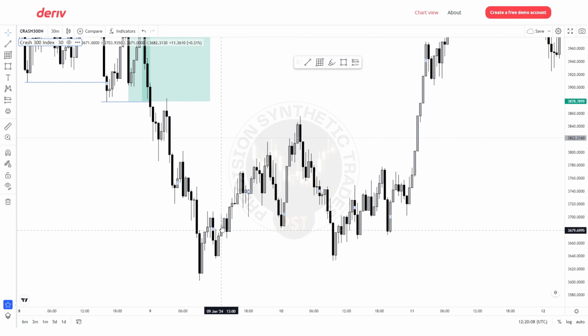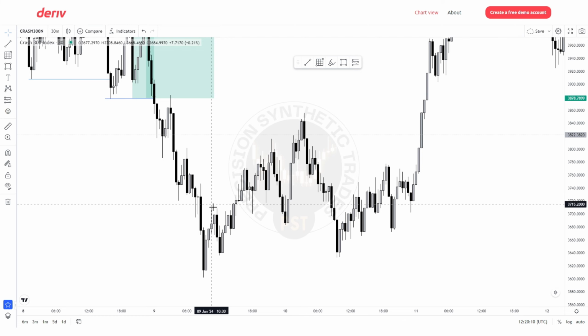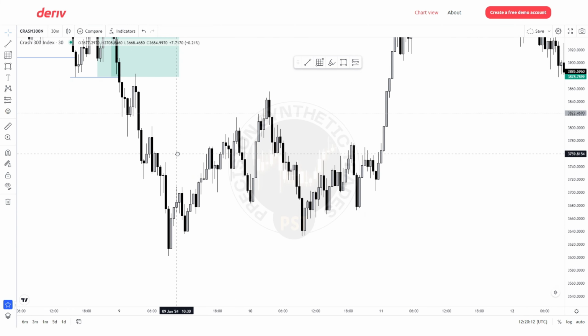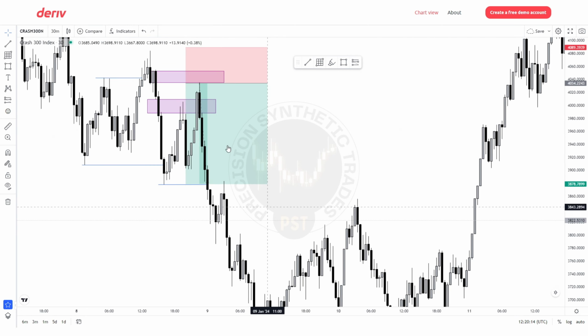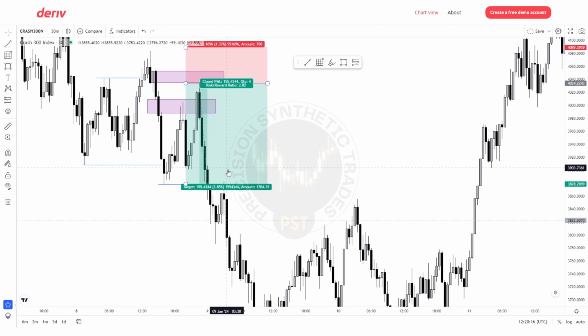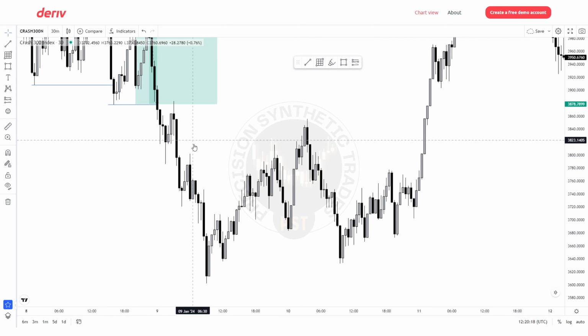Here we are changing structure again. Of course, we got a nice, let's follow the structure: high, low, high, low, high, low, high, low, high. Here we broke structure, so indicating we're changing trend.